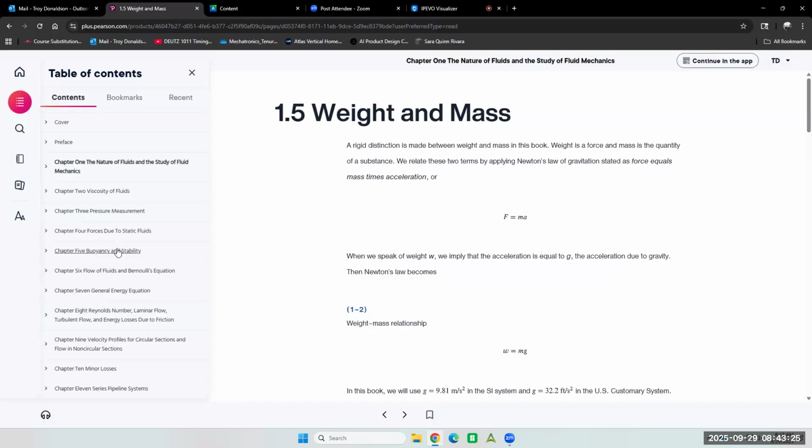And then buoyancy is a great chapter. Bernoulli's equation is a very good chapter, and we'll spend a lot of time there. And then the general energy equation, and then the Reynolds number and laminar flow, turbulent flow. So chapters 3, 4, 5, 6, 7, 8 are great. I want to get to those chapters. So we're going to cruise chapter 1 today and get it done.